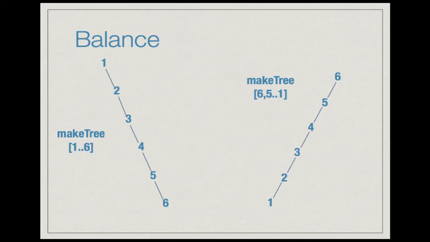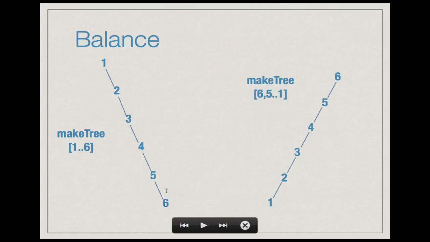Here are two examples. If we consider make tree of 1 to 6, recall that make tree was a function that starts with the nil tree and inserts all these elements in the list one after the other. So make tree of 1 to 6 will create a tree that looks like this.